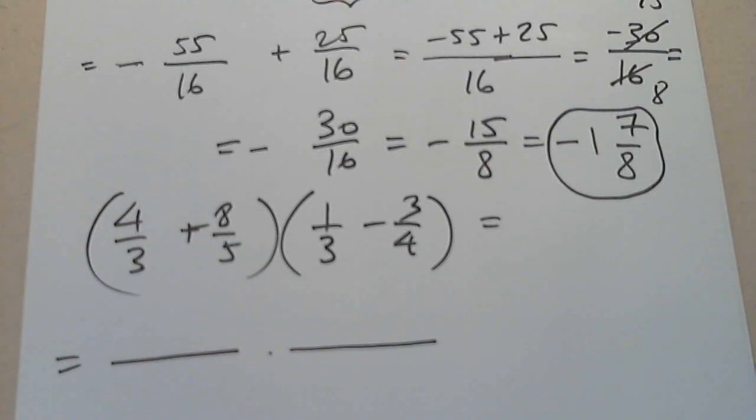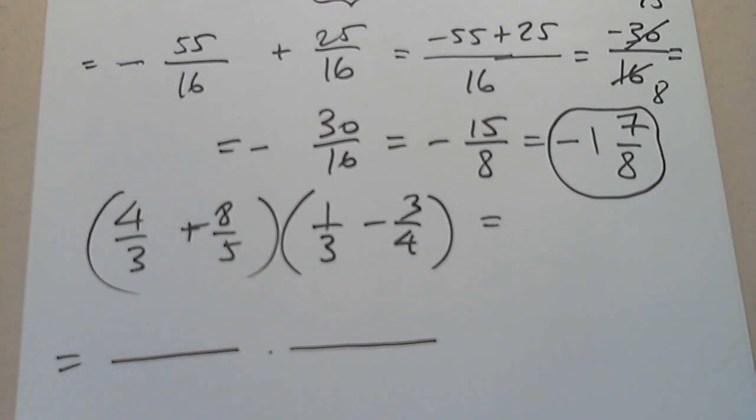Okay. So Alan, what did you want to say? What is the LCD for the first two fractions? 3 times 5, which is? 15. Excellent.